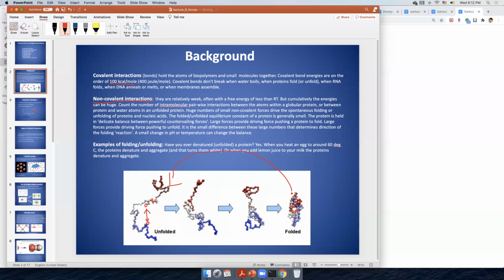If you want to change the folded state into the unfolded state, you need to break a lot of non-covalent forces. So if you accumulate many non-covalent interactions like van der Waals and electrostatic forces, the total energy could be very low, and the structure could be stable.